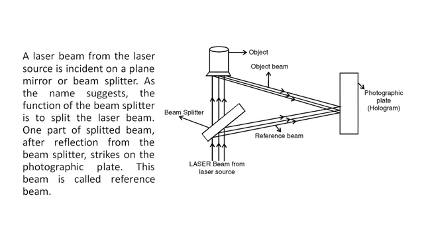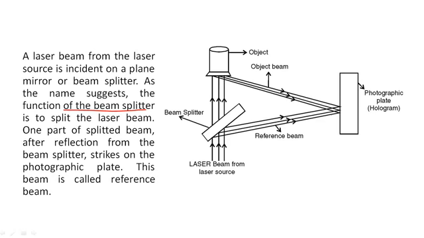A laser beam from the laser source is incident on a plane mirror or beam splitter. Here you can see it is incident on the beam splitter. As the name suggests, the function of the beam splitter is to split the laser beam. The beam splitter is made partially polished and it is inclined at an angle of 45 degrees.